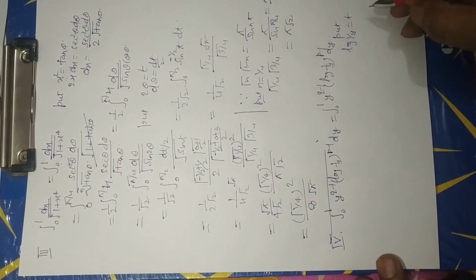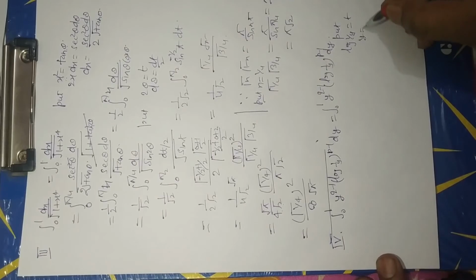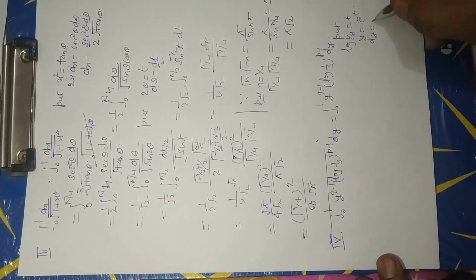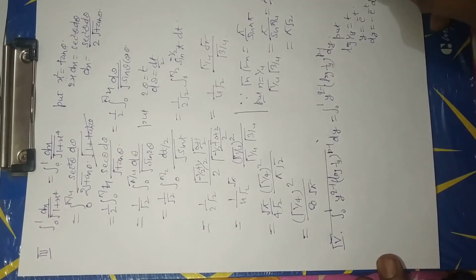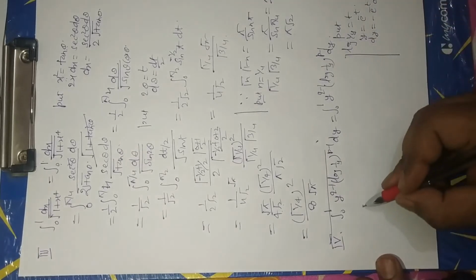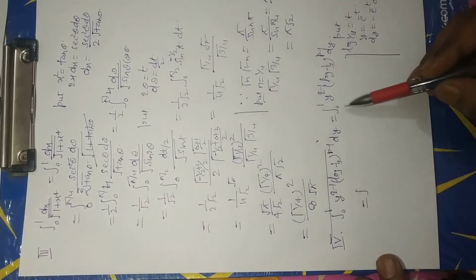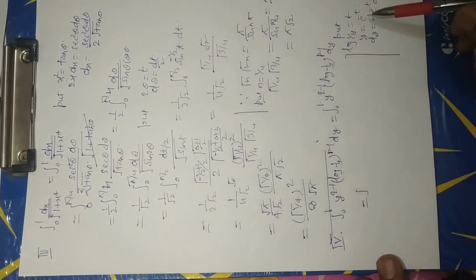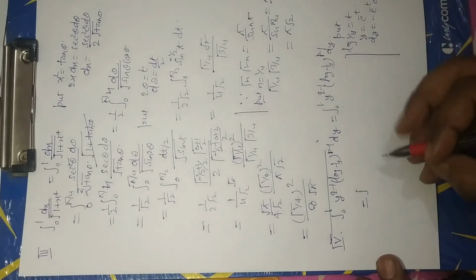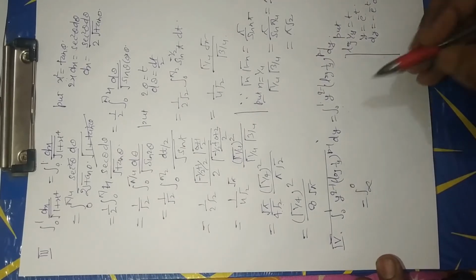log 1 upon y is equal to t. Now y is equal to e to the power minus t, dy equal to minus e to the power minus t dt. Now changing the limit, this will convert infinity to 0.